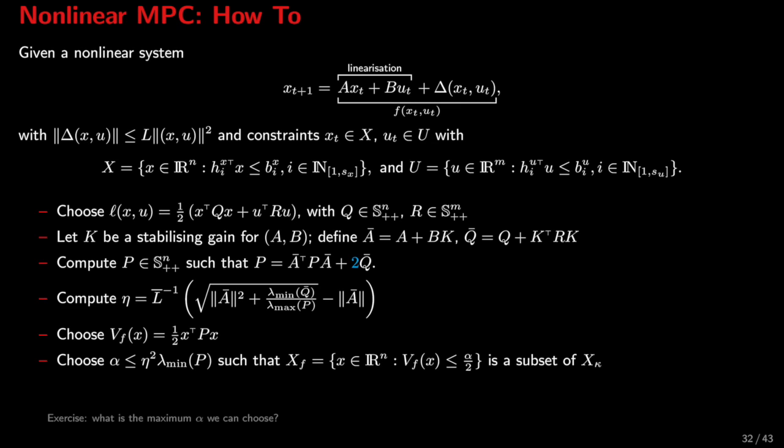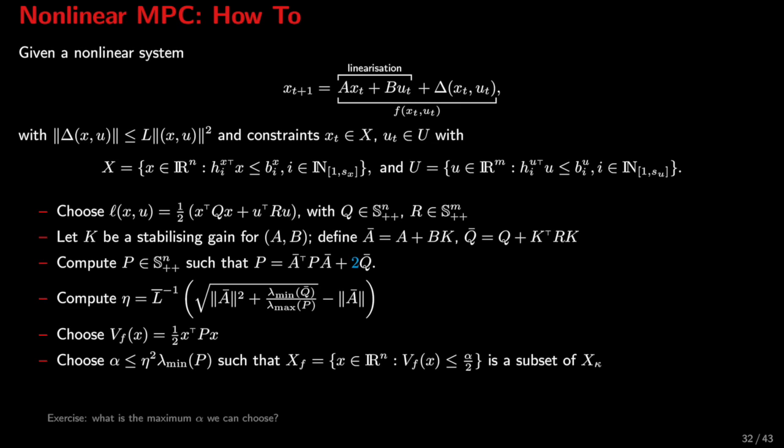Now choose ℓ to be a quadratic stage cost. Choose a matrix K, which is a stabilizing gain for (A, B). We haven't said so explicitly, but of course we assume that (A, B) must be a stabilizable pair.